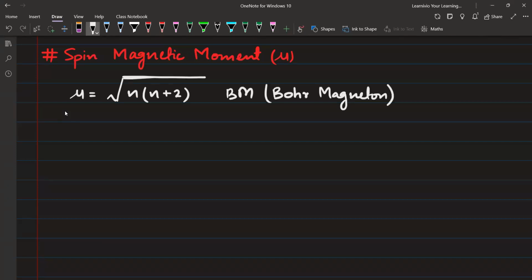Okay. What is n? Equal to the number of unpaired electrons. We will use this, just write this formula now, n into n plus 2.